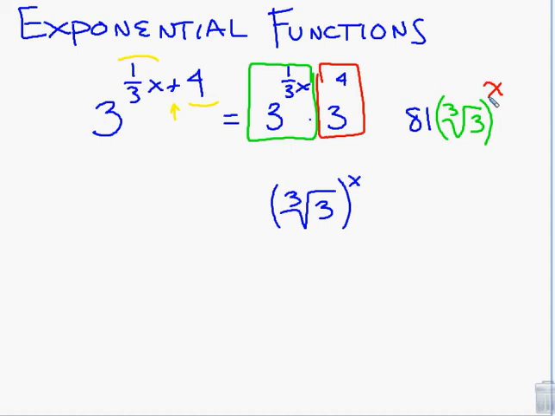So 3 to the 1/3 x plus 4 becomes 3 to the 1/3 x times 3 to the 4th, which then simplifies to 81 times the cube root of 3 to the x. And you can see now I've got my A naught, which is 81, my b, which is the cube root of 3, and my x, my variable, all by itself.